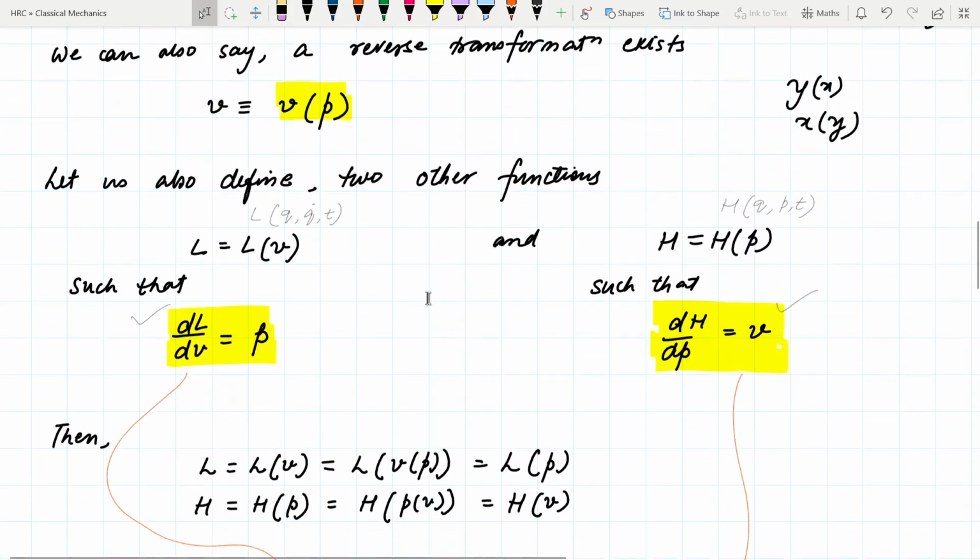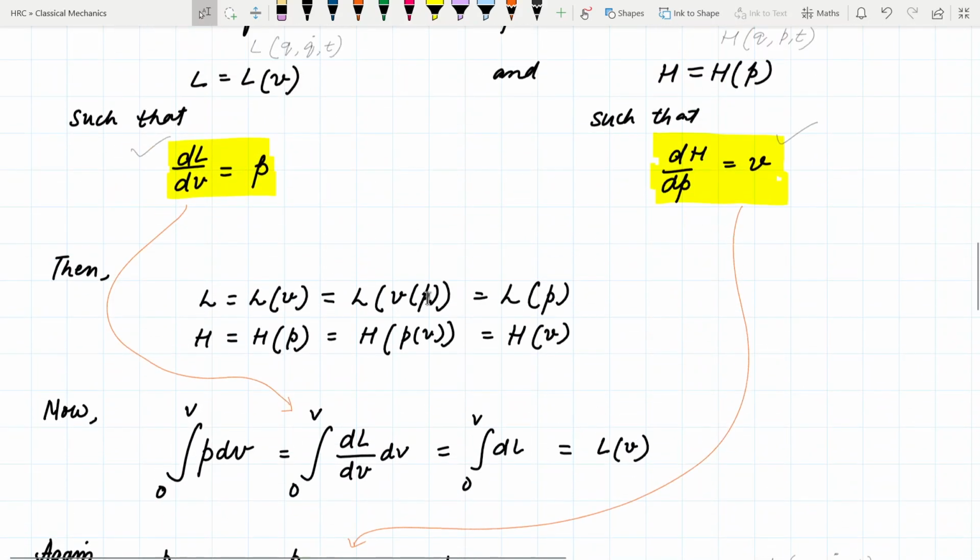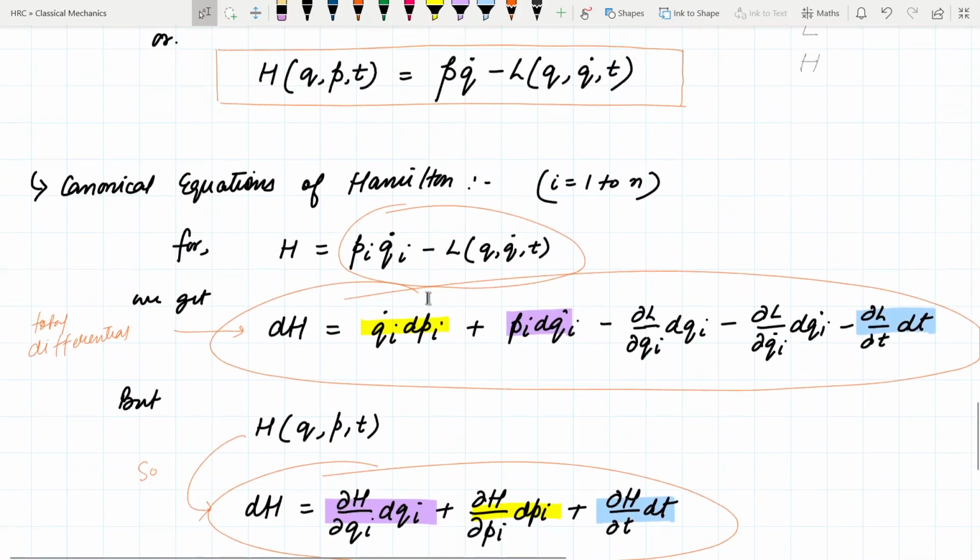So del L by del q dot is equal to p. मैंने कुछ और लिख दिया, एक सेकेंड. हाँ सॉरी, ये वाला टर्म नहीं होगा, कोई बात नहीं है, छोड़ दो. तो यहाँ पे del L by del q_i dot is nothing but p_i, है ना?